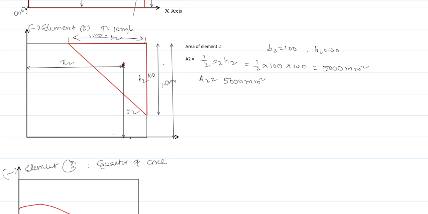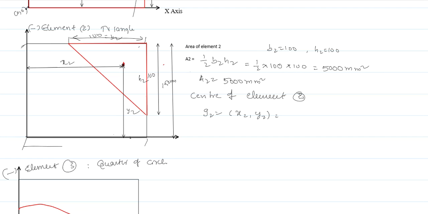And coming to the center of element 2, that means the center coordinates of element 2, G2 is x2 comma y2. I need to find x2 comma y2. We know that the total length from here to here is 150 according to the figure.